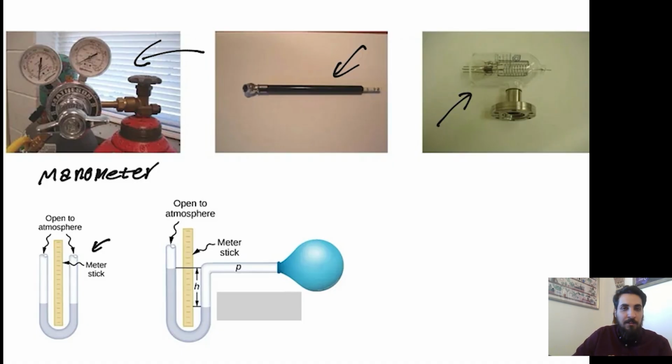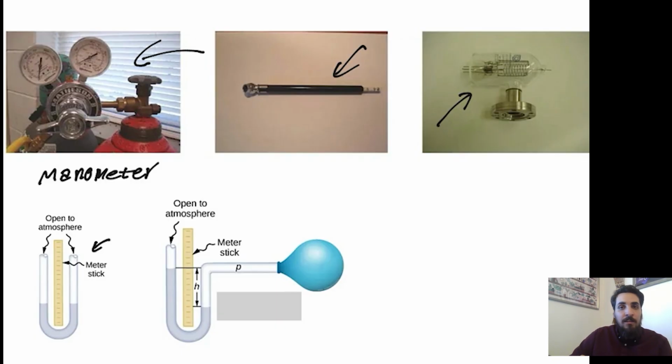We put a ruler up to the side of it, and with this, we can measure the height of our fluid. Now, the height of our fluid is going to depend on the pressure being applied to either side of the liquid, which is essentially saying how much force is being pushed down on either side of the liquid.